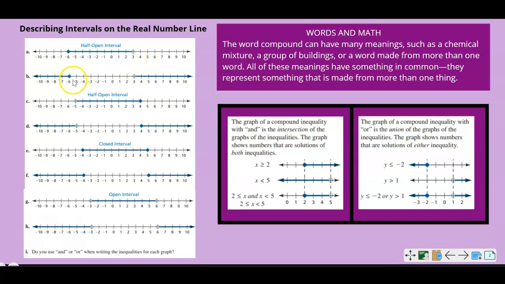B part would be an or statement because they're going in opposite directions. They do not intersect. All right, so we're going to write this as a union. So let's use y. So y is less than or equal to -6, or y is greater than 3. Okay, so it's not both, it's one or the other.